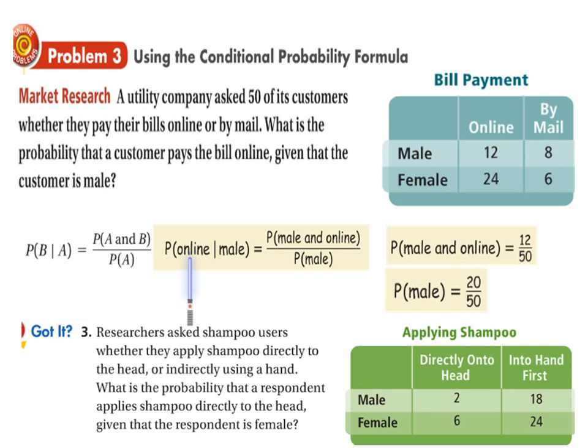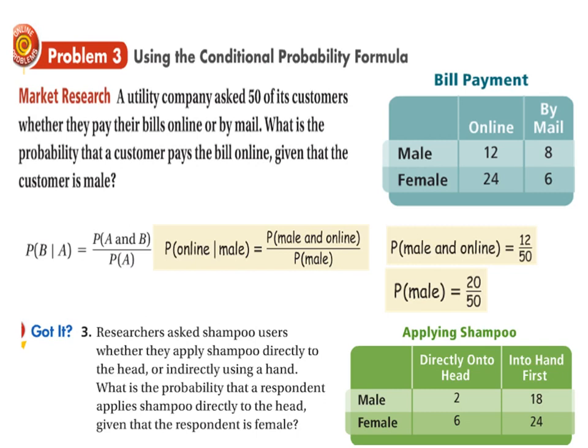So B is that the bill is paid online, A is that the person paying the bill is male, and so then A and B end up on top, so the probability of male and online, divided by the probability of, again, that conditional statement, so the probability that they are male.